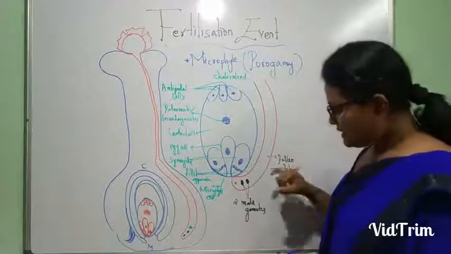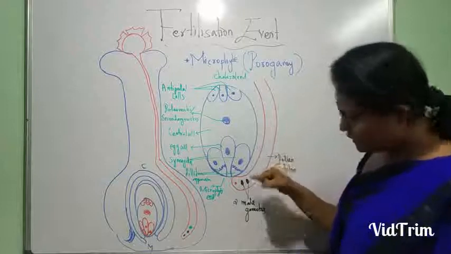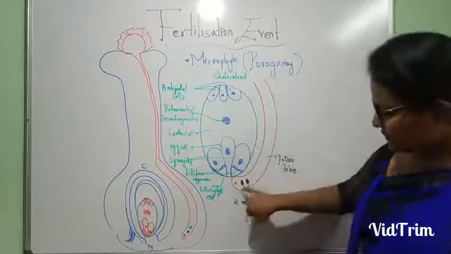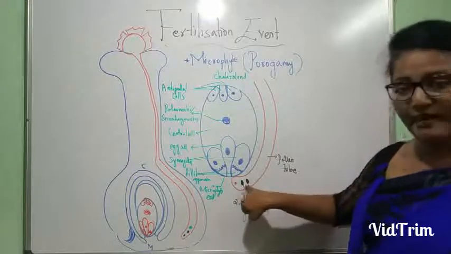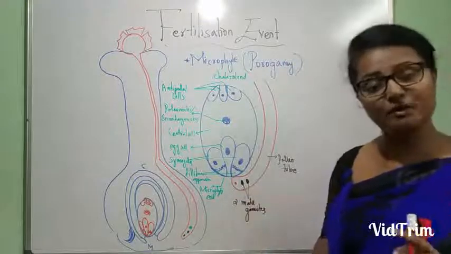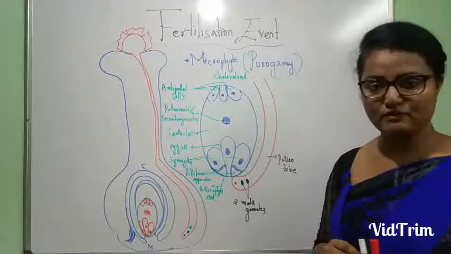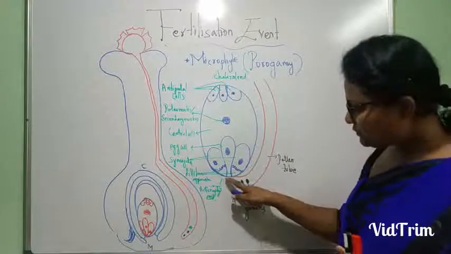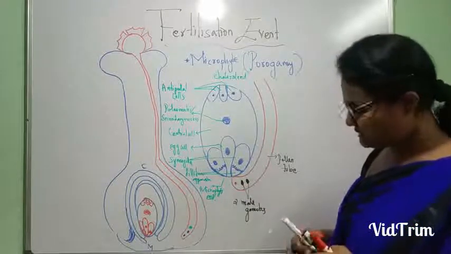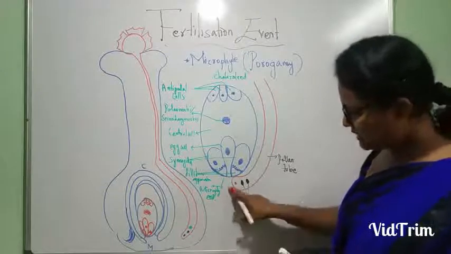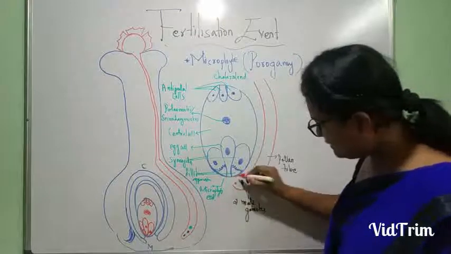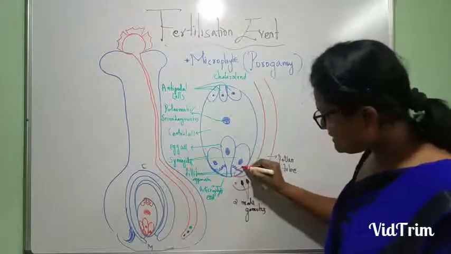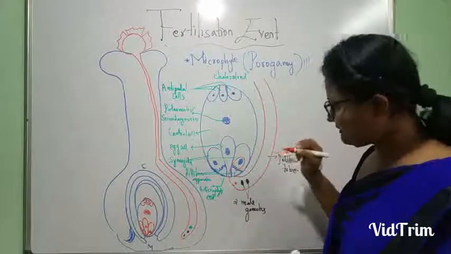The coming pollen tube has a vegetative cell nucleus and two male gametes produced from the generative cell. What happens when the tube enters through the micropylar end? First it enters the synergid.